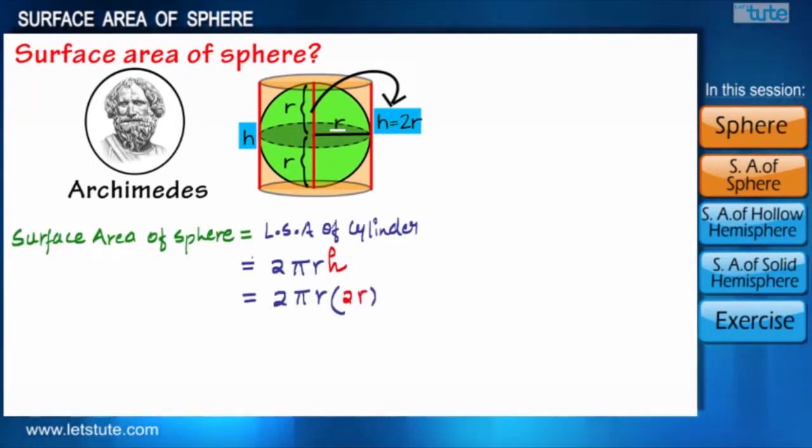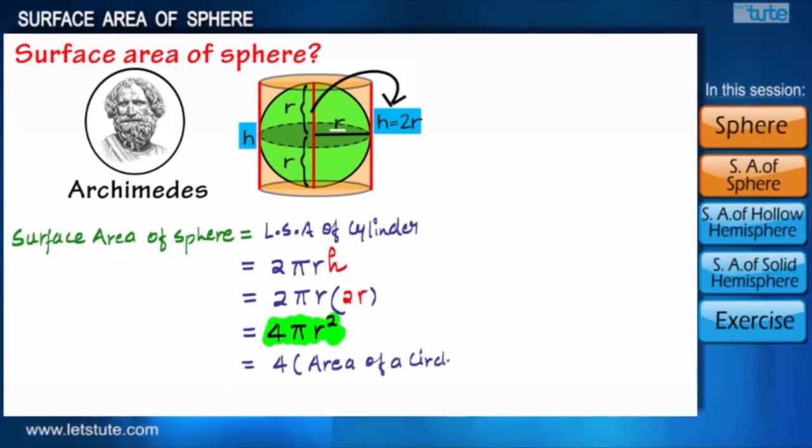Thus, the surface area of a sphere is derived as 4 pi r squared. Friends, we can also relate it with the circle and say that the surface area of a sphere is 4 times the area of a circle.